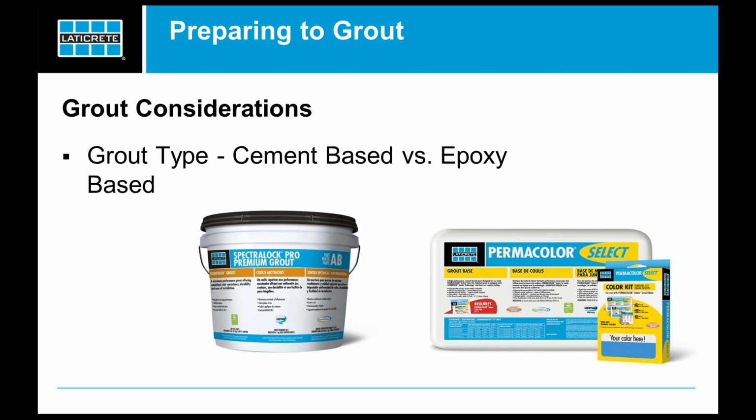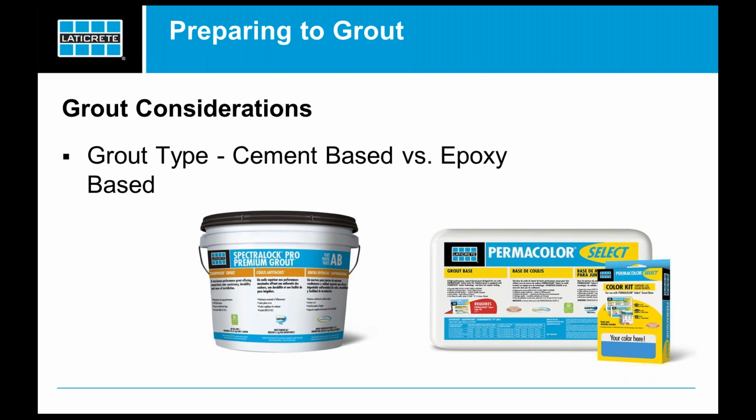If you want to use a cement-based grout, then we have our Permacolor line. We have our premium cement grout, which meets ANSI 118.7. It's called Permacolor Select, which has a single base color. And then we have color packs. If you see the illustration on the right-hand side there, we have a separate color pack that you can add to the base color to create our 40 standard colors.